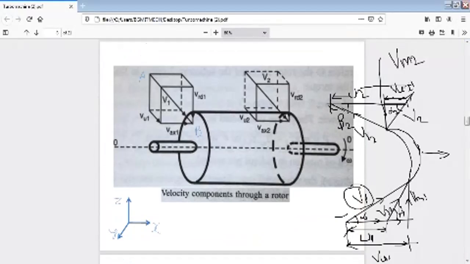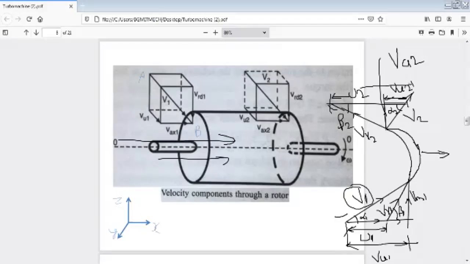The flow is along the axial direction, along the axis OO. Then this Vm2 will be written as Va2, and this Vm1 will be represented as Va1.